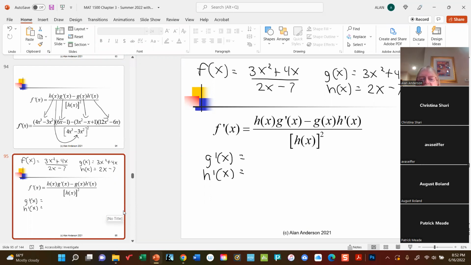And so don't forget, with g prime of x and h prime of x, you're basically just applying the power rule to each term.